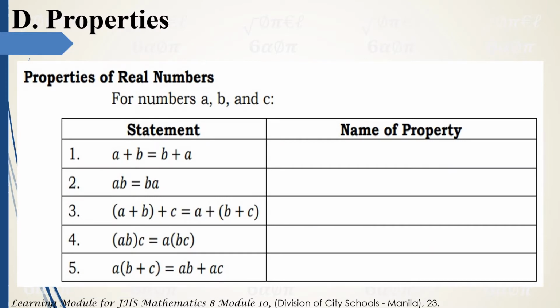Let's have the properties. Properties of real numbers. For numbers A, B, and C, statement, if we have A plus B which is equal to B plus A, so familiar na tayo dyan, no? So that is commutative property of addition, kapag pinagbaligtad lang sila and addition ng ating operation.